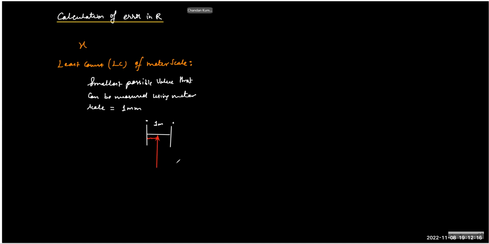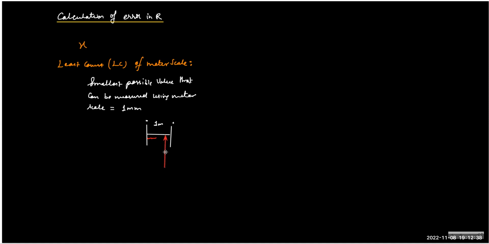So what is the worst case scenario that we cannot measure? If I move this arrow here, can we measure now? No. Can we measure now?